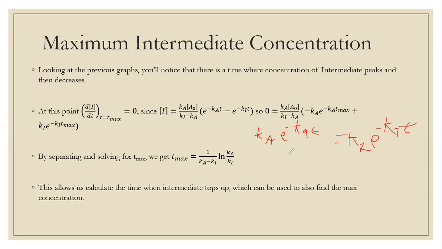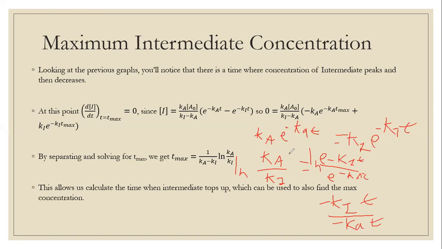So you divide both sides by Ki, and you get Ka over Ki equals e to the negative Ki t times e to the negative Ka t. Take the natural log of both sides. You have negative Ki t over Ka t.